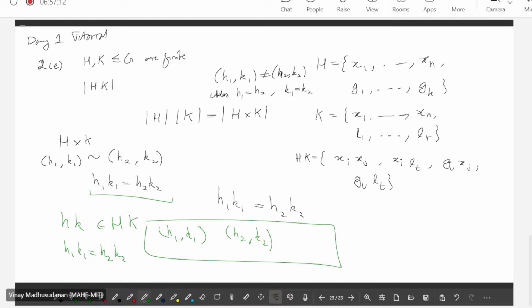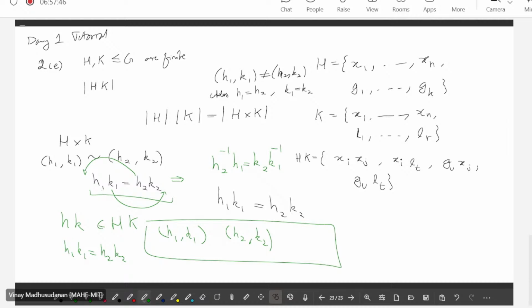H1 K1 equal to H2 K2 implies, if you multiply by H2 inverse and K1 inverse, let's say like this, H2 inverse H1 equal to K2 K1 inverse. Be careful of the sides on which you are multiplying, because H2 is here. If you transfer it here, it will be on the left, and K1 then if you transfer it here, it will be on the right as inverse. Okay. H2 inverse H1 is equal to K2 inverse K1.